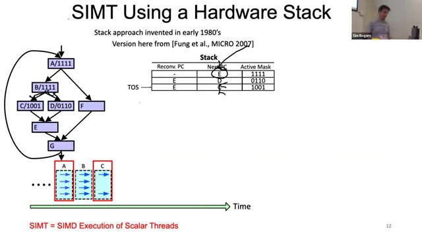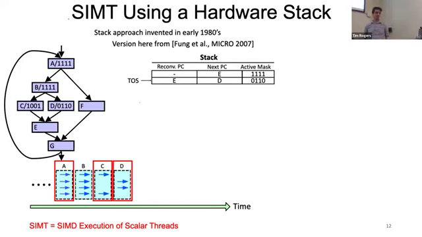So we do this execution of C, and then the next PC will end up being E, which will cause that entry to be popped off of the stack. Then we select whatever is at the top of the stack now, which happens to be the other path, which we deprioritized. The active mask looked like this, so we will execute that instruction with 50% execution efficiency.